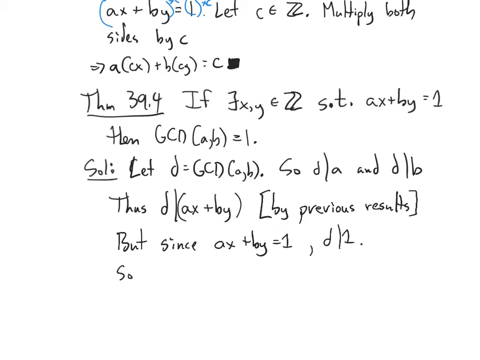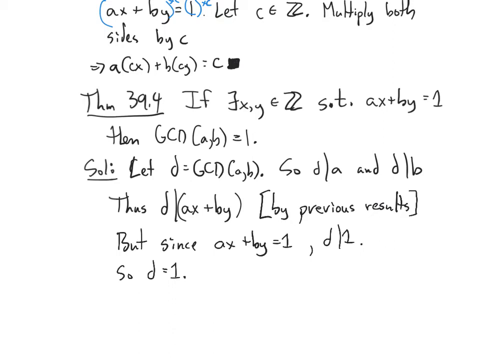So what does that mean? So D must be 1. And in fact, let's do it like this. I'm going to change this on the fly because this is probably an easier way to see it. Let's not make D be the greatest common divisor.